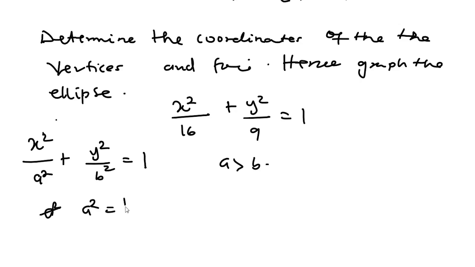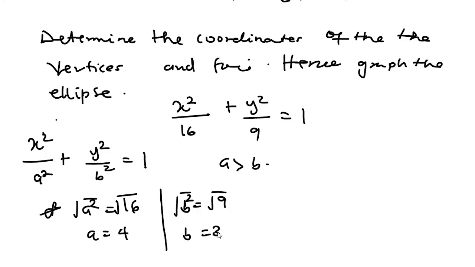Now by comparison, our A squared will be equal to 16. So we have the root of this, then our A is 4. Then our B squared will be equal to 9. Root of this, our B is equal to 3.